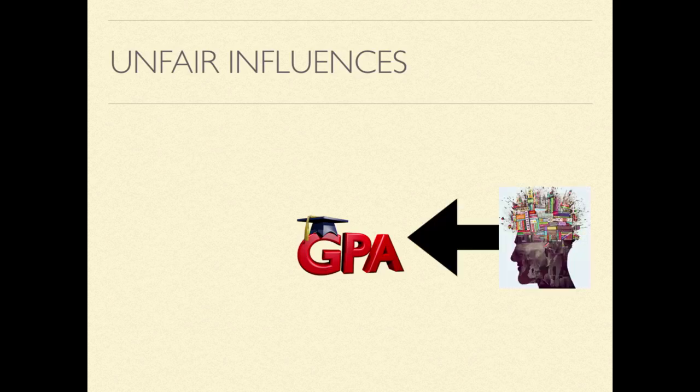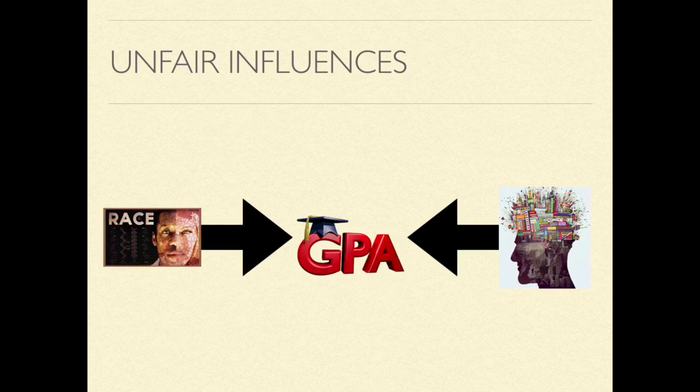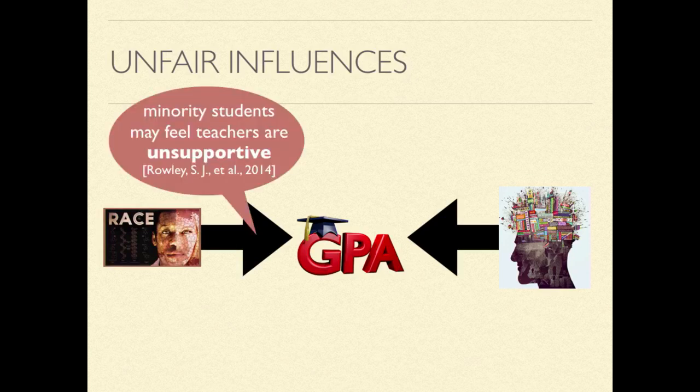While we suspect that undergraduate GPA is influenced by how knowledgeable you are, there's also evidence that it's unfairly influenced by sensitive things like race. The reasons are that minority students may feel that certain teachers are unsupportive, which may affect their performance.